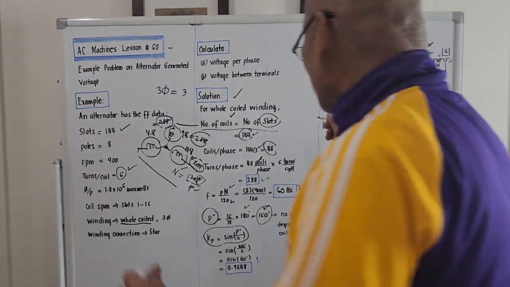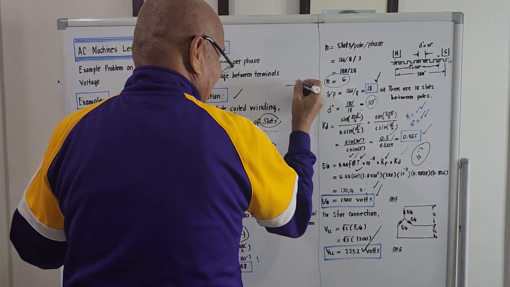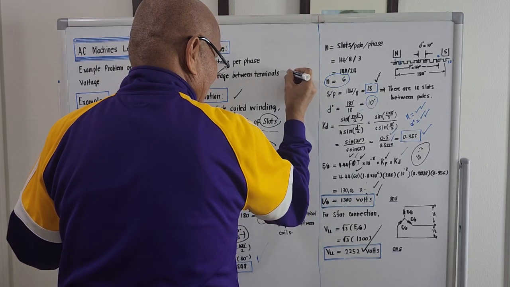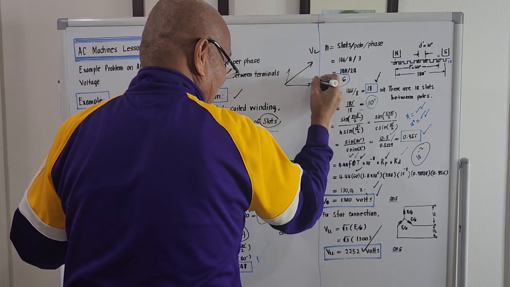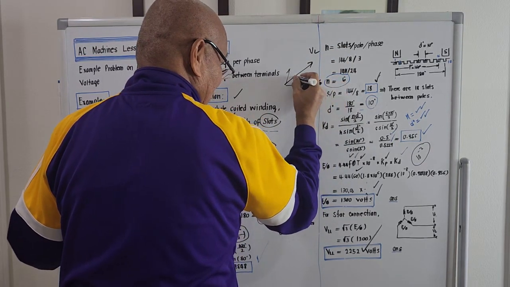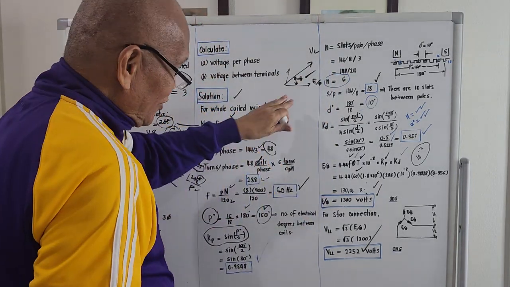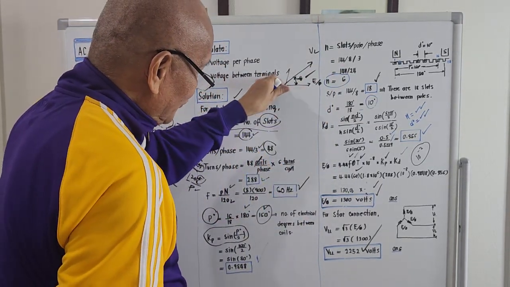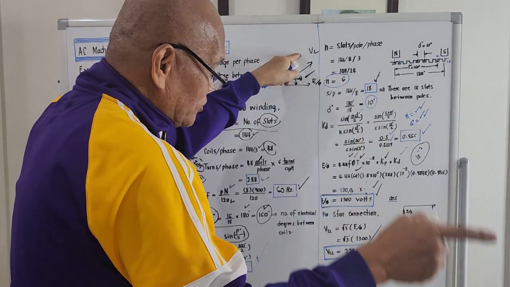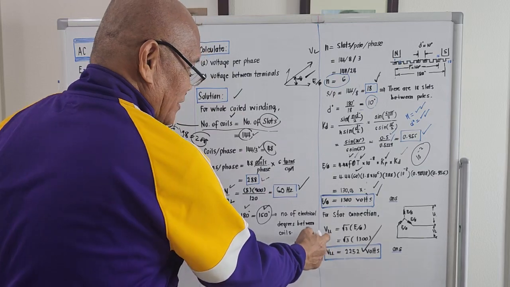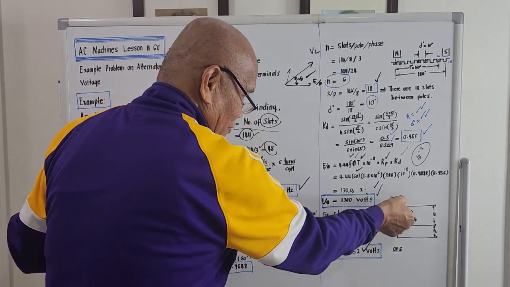The one we did on the vector diagram, right? It is something like this, right? This is the voltage line to line, and this is the voltage per phase. There is an angle of difference here, because we will add the voltage per phase vectorially to get the line-to-line voltage. And the relationship for a star connection is given by this one. That is, voltage line-to-line will be square root of 3 times the voltage per phase.